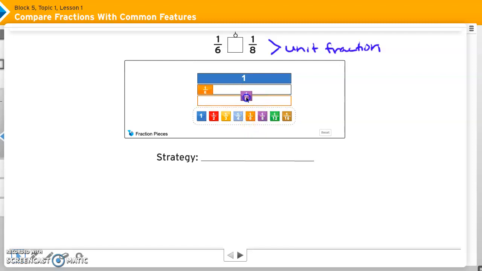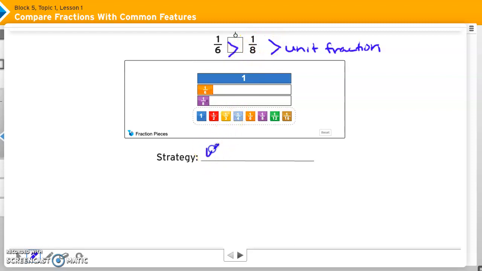And if you think about that idea I gave you based on cake, the 6th is taking that one cake and cutting it into 6 pieces. The 8th is taking that same size cake and cutting it into 8 equal pieces. And thinking about which one would be larger and which one would be smaller. Well, if I cut it into 8 pieces, those 8 pieces are going to be smaller, just like you can see here with your fraction pieces. The 8th is smaller than the 6th. So we would put in the greater than sign, showing that 1/6 is greater than 1/8.